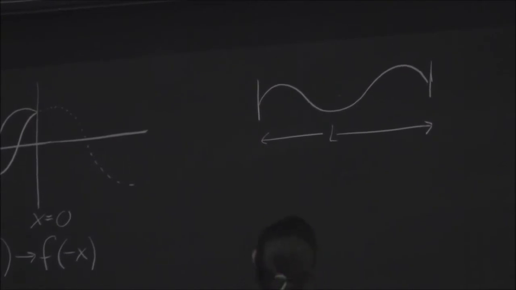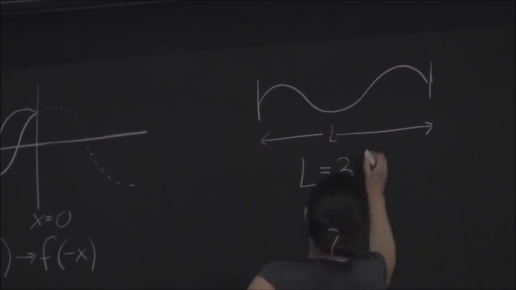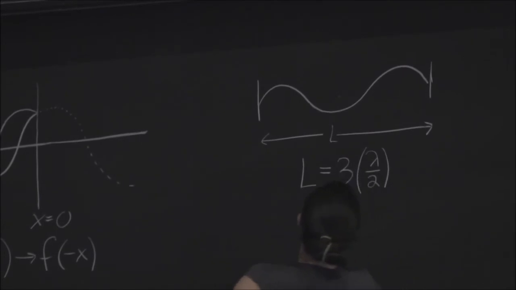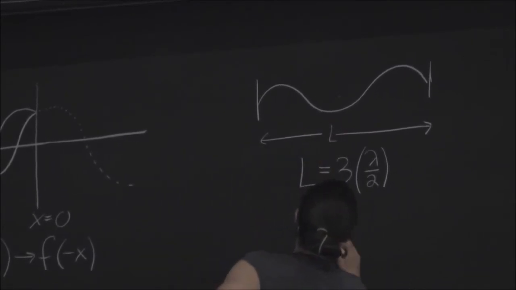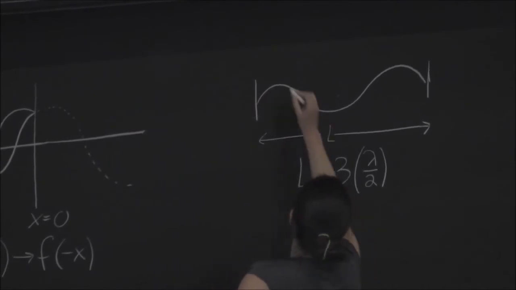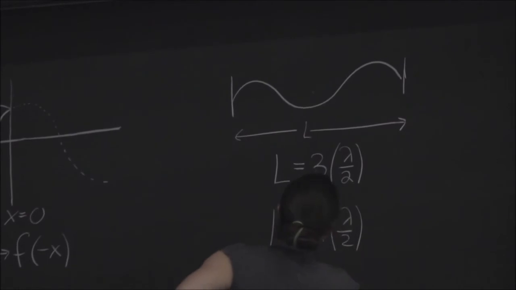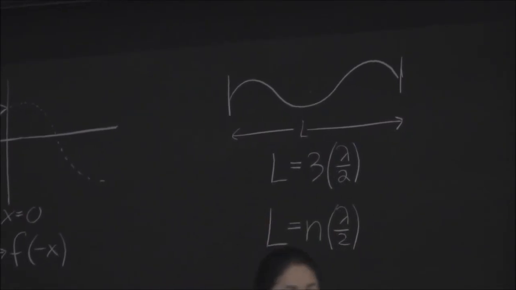So for this one, it looks like in the given length L, we can fit 3 lambda over 2s. So in general, if we want to fit n antinodes, we would fit n, 1, 2, 3, half wavelengths. This right here would tell us a relationship between lambda, n, and the length of the string.